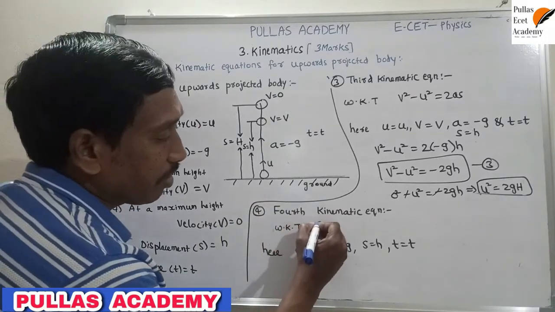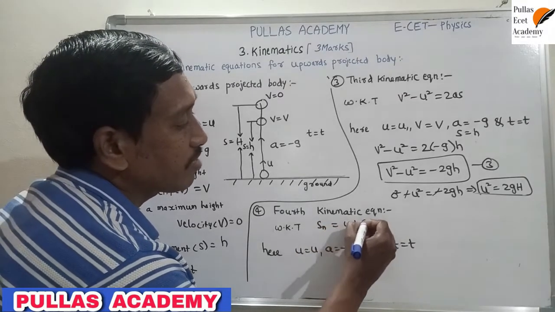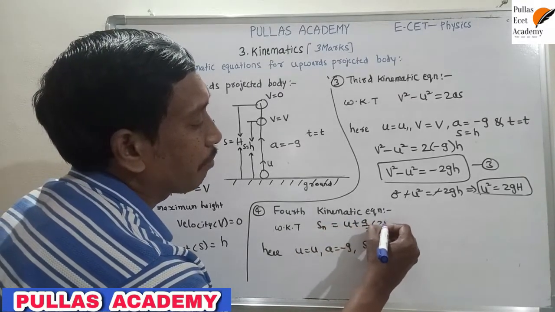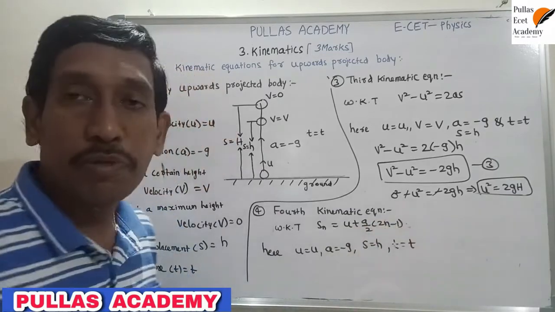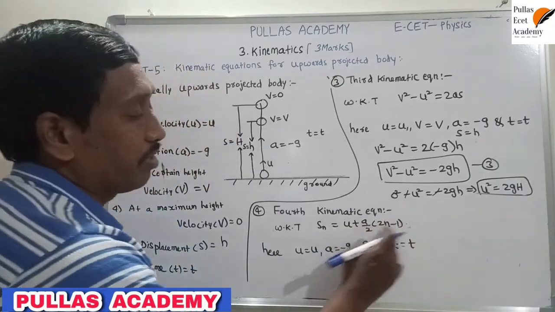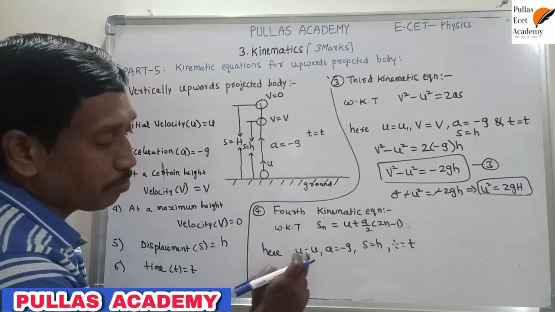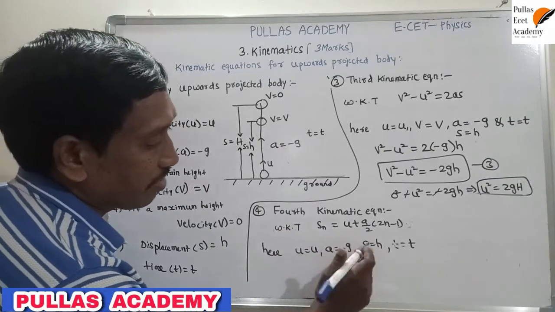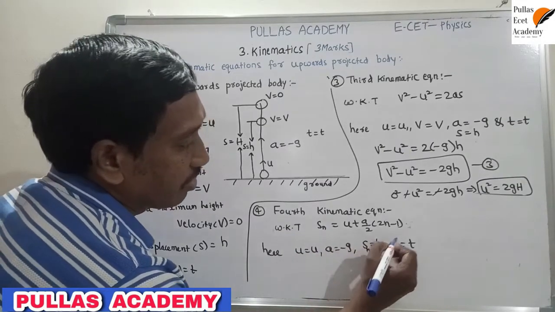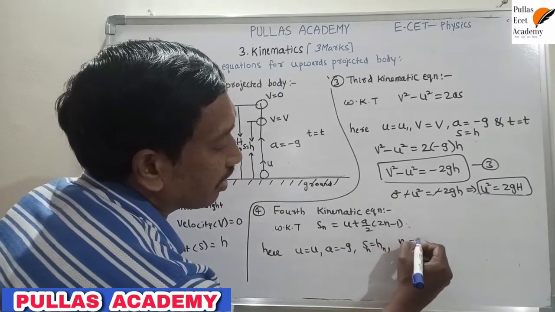Now in the same way we will discuss the fourth kinematic equation. We know the fourth equation: in the nth second, Sn is equal to u plus a by 2 into 2n minus 1. This is for a uniformly accelerated body. For an upwards projected body, u is equal to u, a is equal to minus g. Here Sn is equal to hn, and the time is indicated by n.